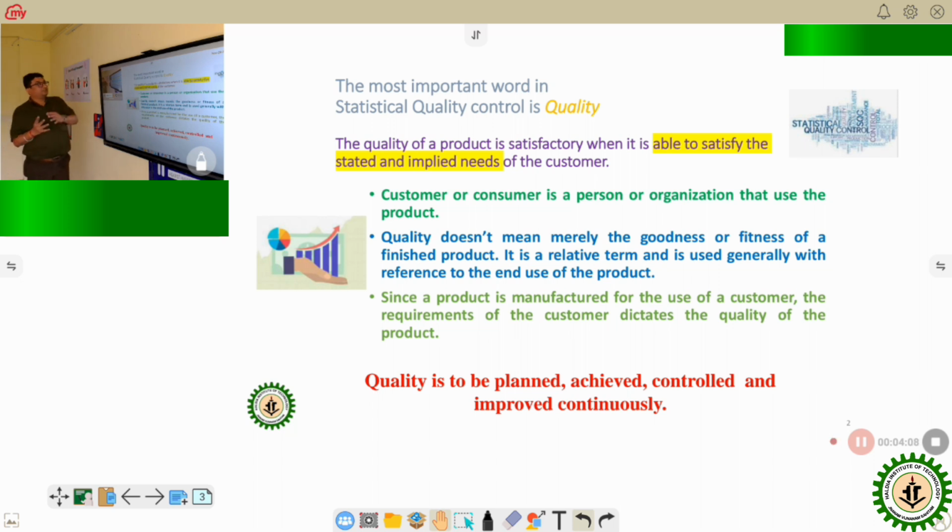As written in the top part of the initial slide, statistical quality control is about quality. Obviously it will come to your mind what quality means. Quality means it has to be planned, achieved, controlled or improved continuously. That means we are going to obtain the whole thing that I have said earlier.